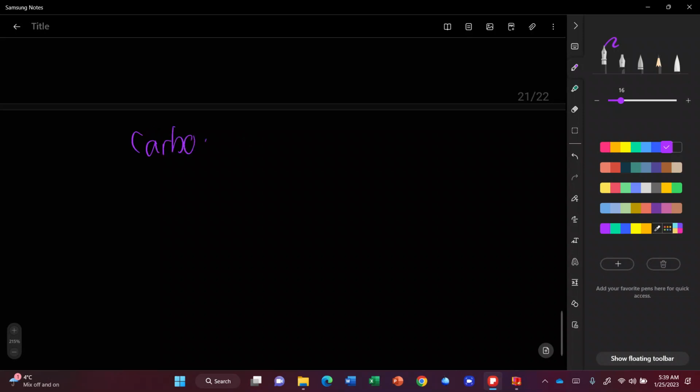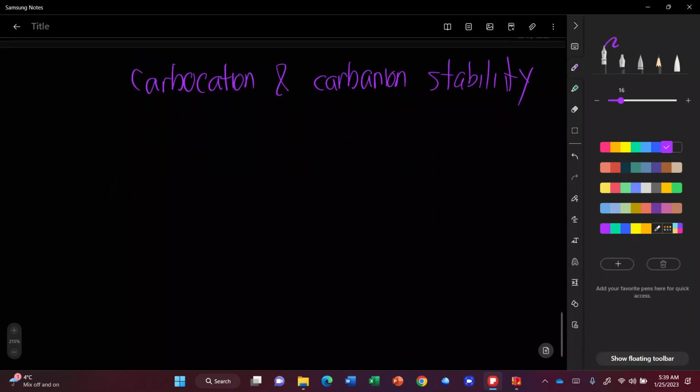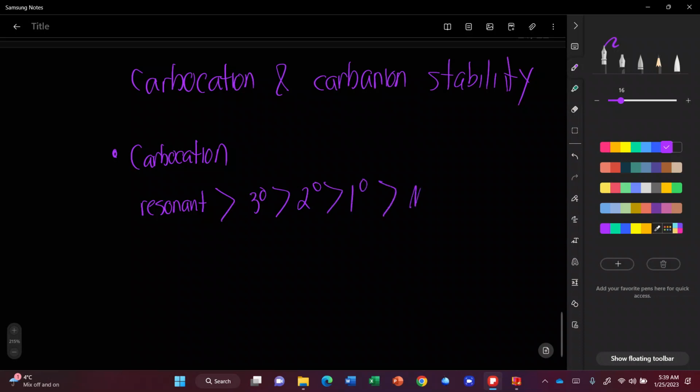So the next thing I want to talk about really quickly is carbocation and carbanion stability. You guys are going to need to know these really well. This is super fast, super easy. With carbocation stability, the order from most stable to least stable goes: resonance stabilized is more stable than tertiary, which is more stable than secondary, which is more stable than primary, which is more stable than methyl.